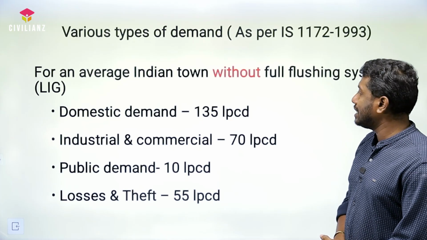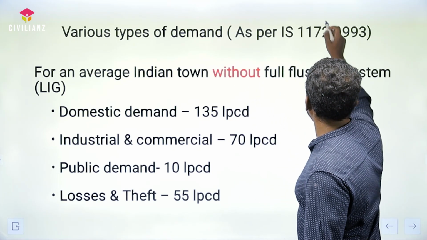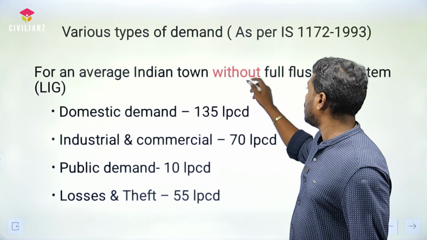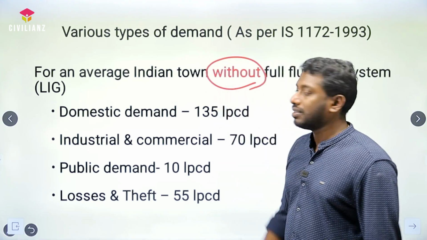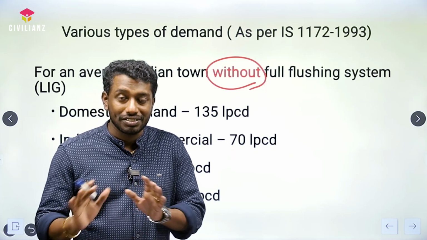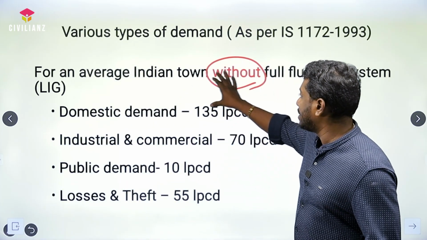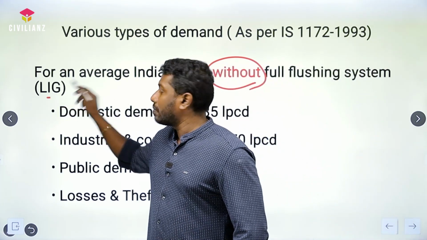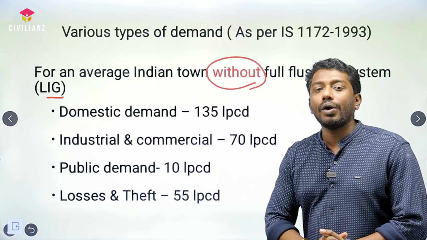Without full flushing system means we are talking about rural areas here. In rural areas mostly we use Indian type toilet, that is, a toilet without a flushing system, right? So we are dealing with rural areas here, or low income group.